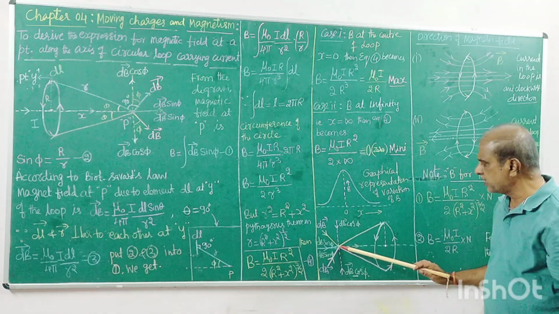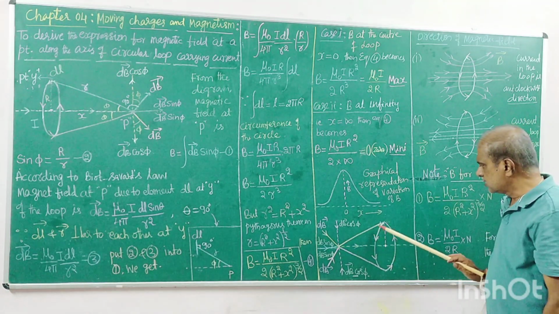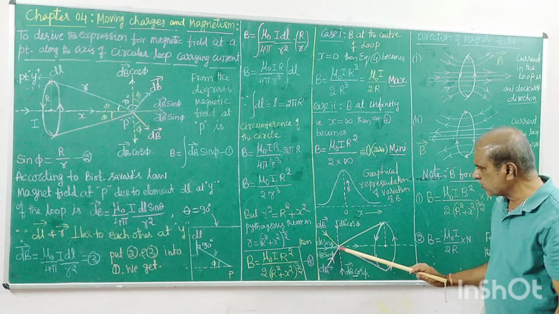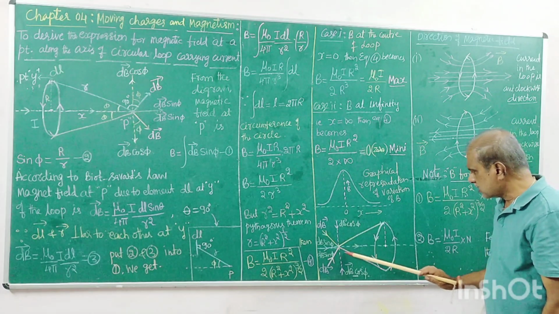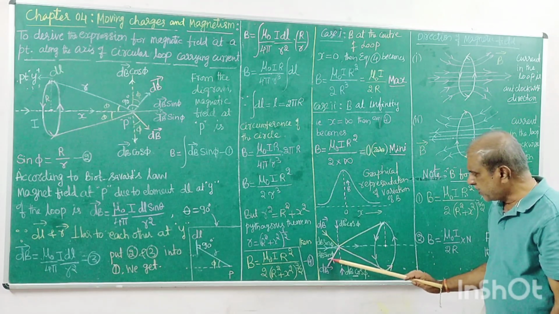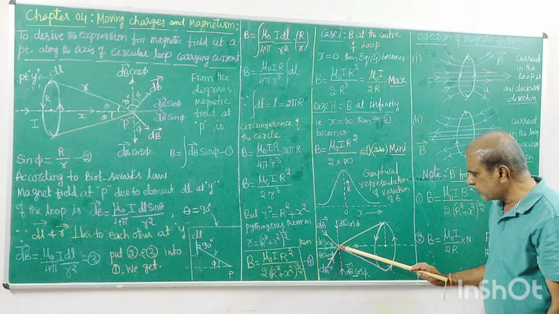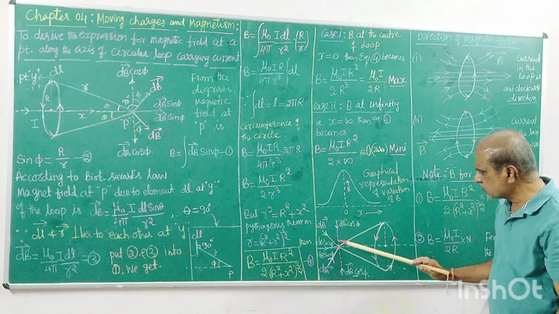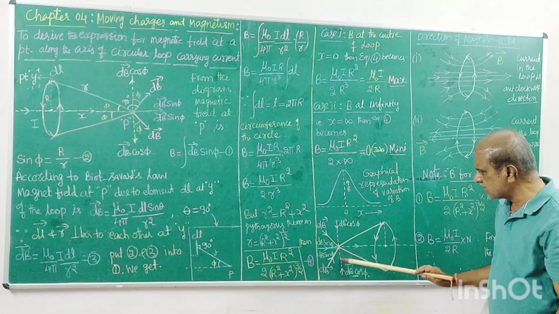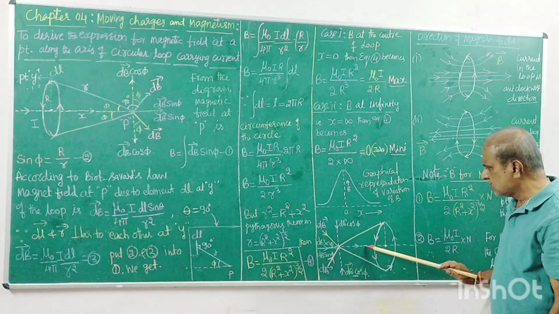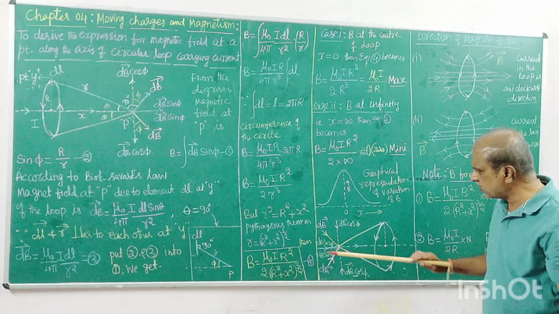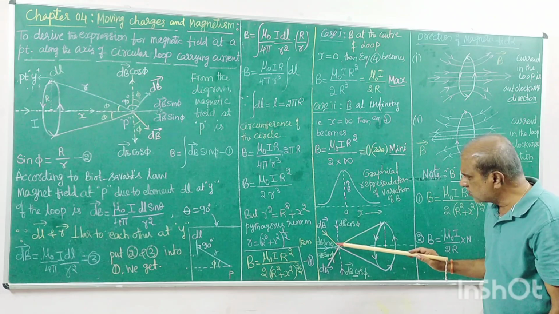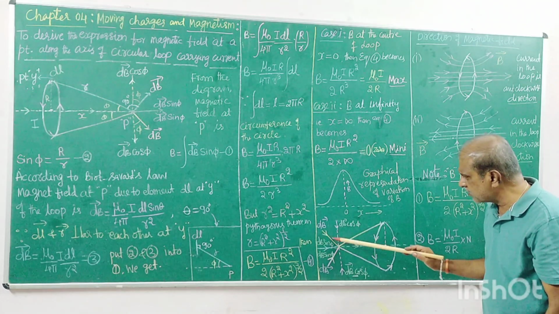If you draw the same geometry on the left hand side, there is a straight line, perpendicular to this line are the magnetic lines. These are the y axis and x axis. You have to understand what the direction is for this straight line.